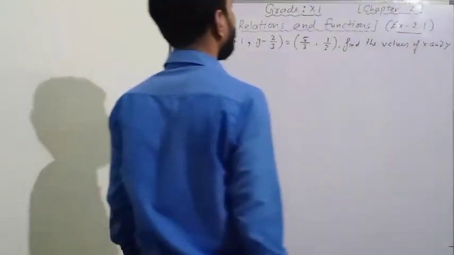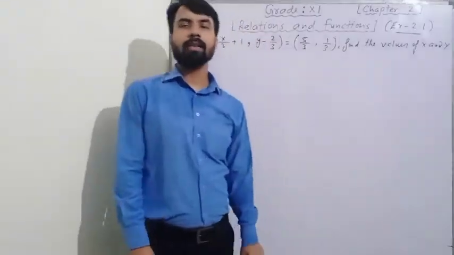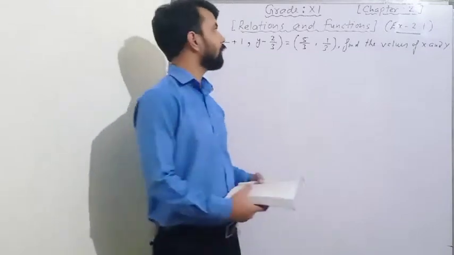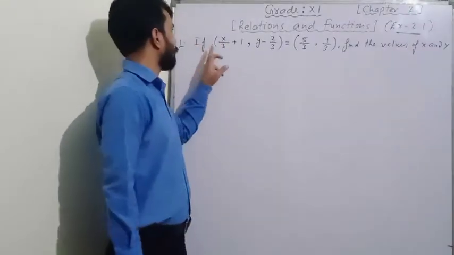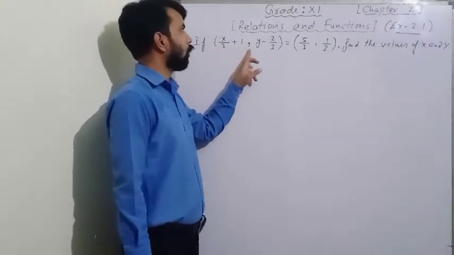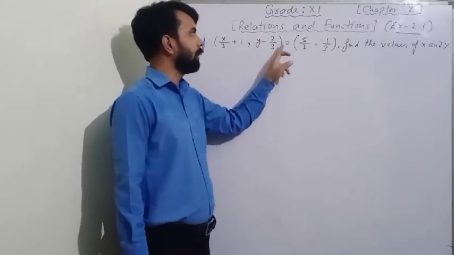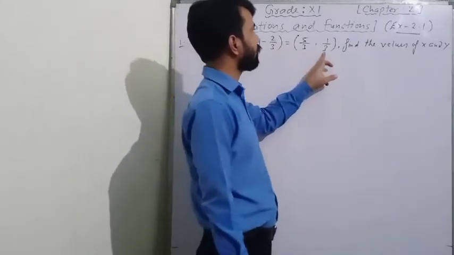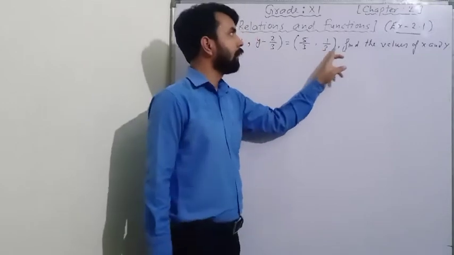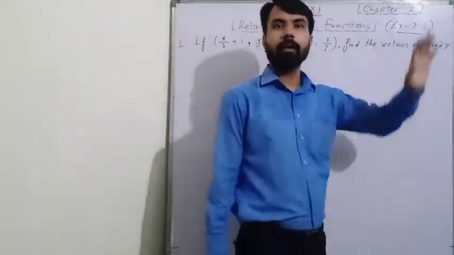Okay students, now I am going to explain exercise 2.1. The very first question is, if x upon 3 plus 1 comma y minus 2 upon 3 equals 5 upon 3 comma 1 by 3, then find the values of x and y.